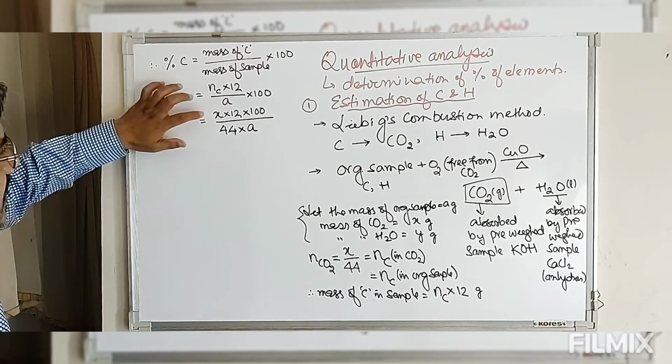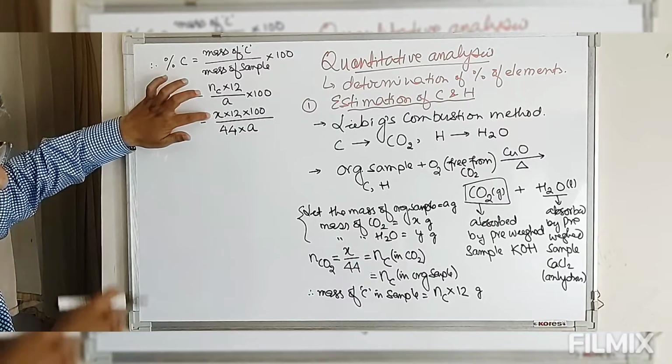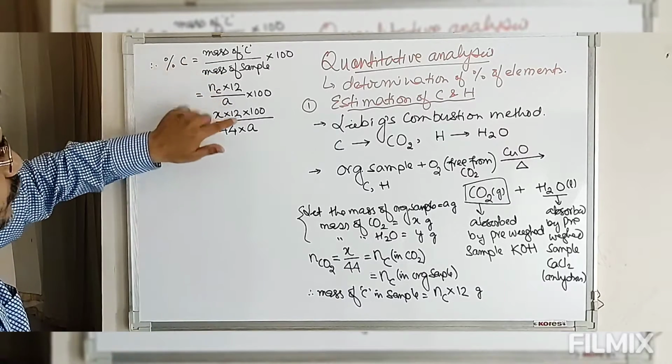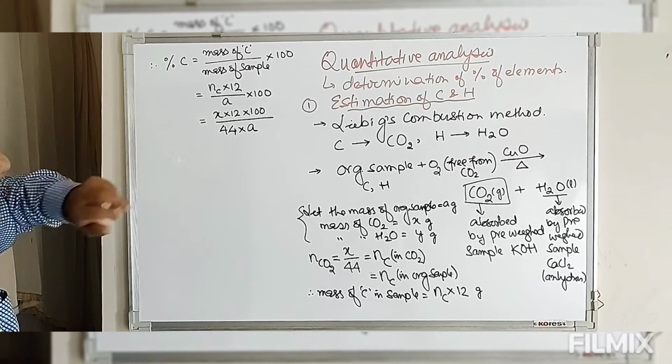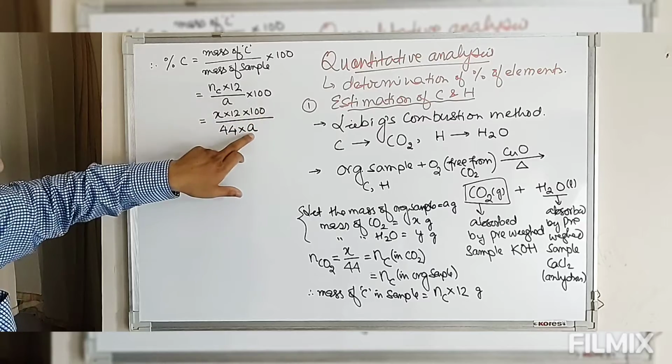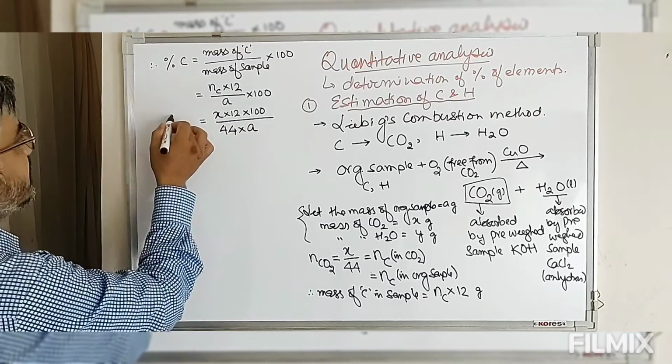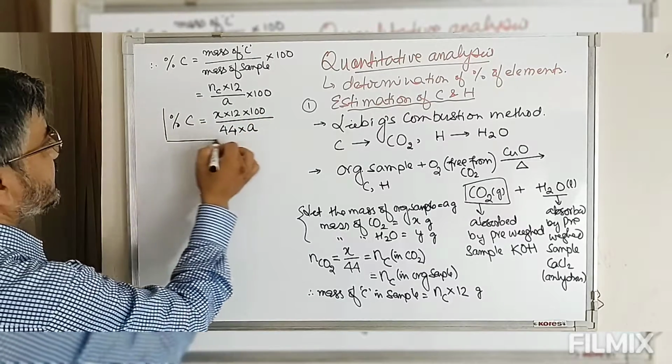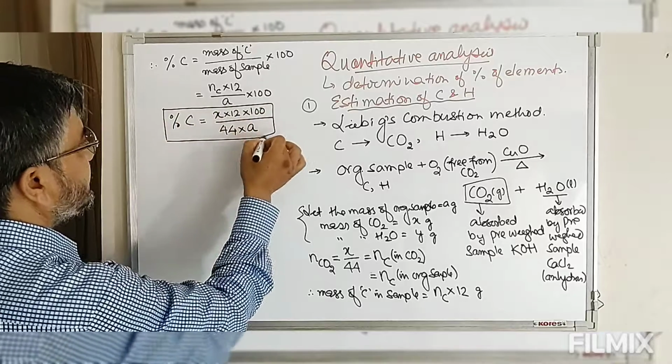X is the mass of carbon dioxide formed in the reaction, 12 is the atomic mass of carbon, and A is the mass of sample. So this is how we define the percentage of carbon in a given organic sample.